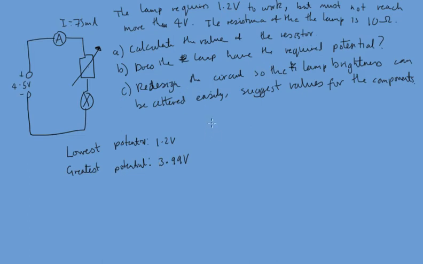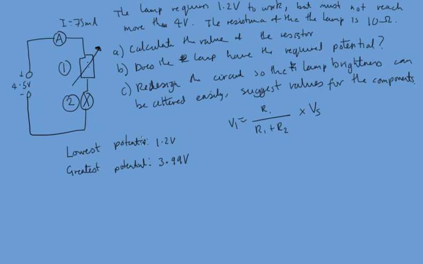So we'll use the potential divider equation, which we had from before, which was V1 equals R1 over R1 plus R2 times Vs. And so the resistor is going to be component 1 and the lamp is going to be component 2.